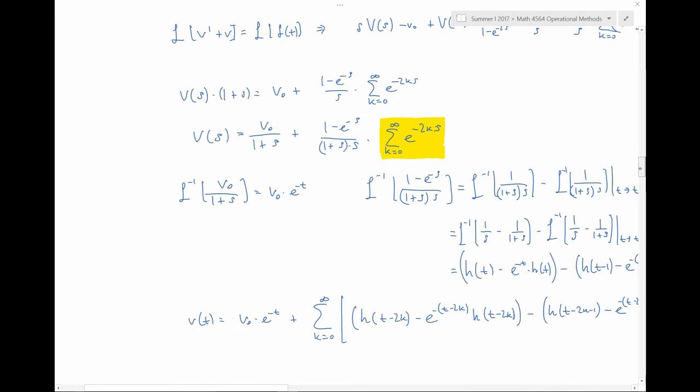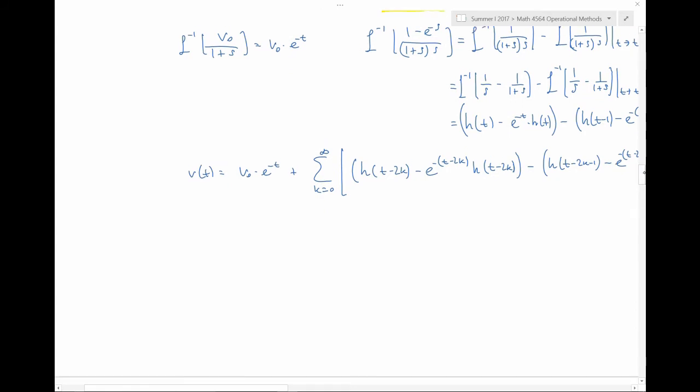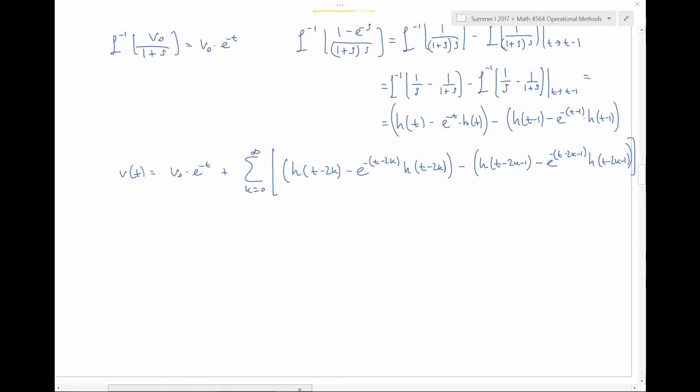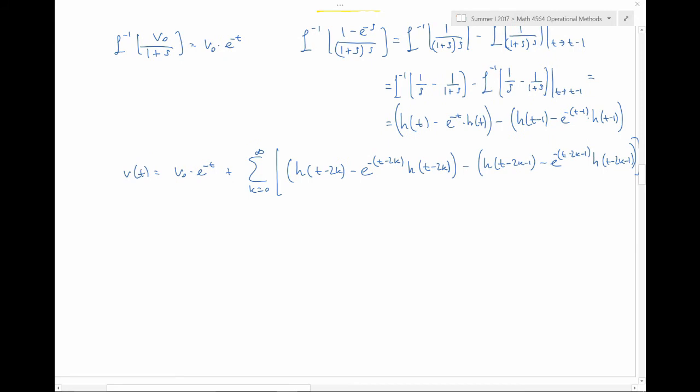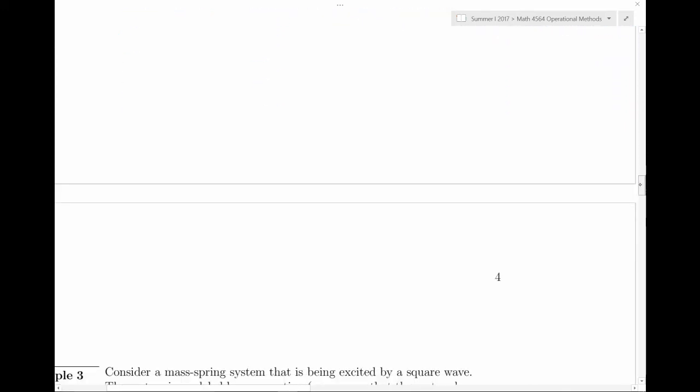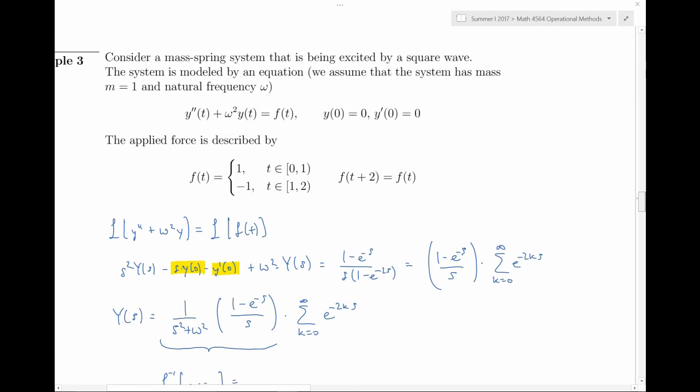The reason is that every single term in the summation leads to a shift later on when we do inverse Laplace transforms. And so when you do the inverse Laplace transform, all you end up with is a collection of shifts of the inverse Laplace transform of your solution. It's quite impossible to do that, even with Mathematica, if you just do the inverse Laplace transform with the fraction term.